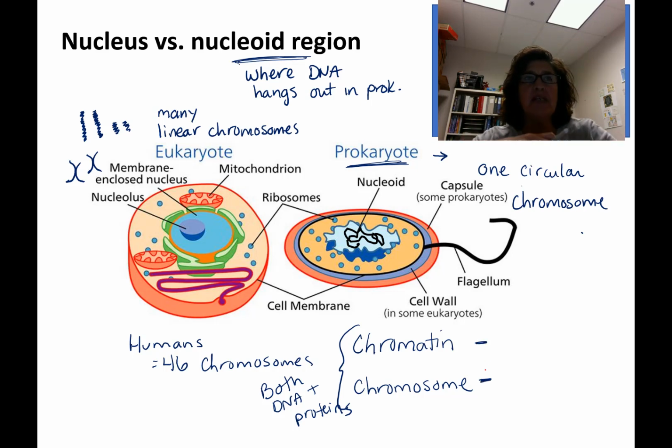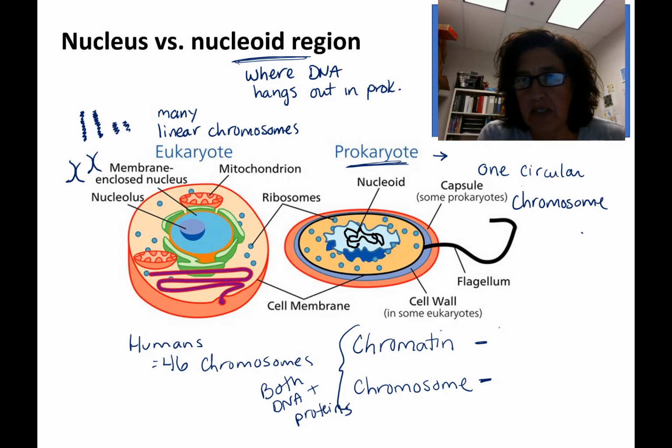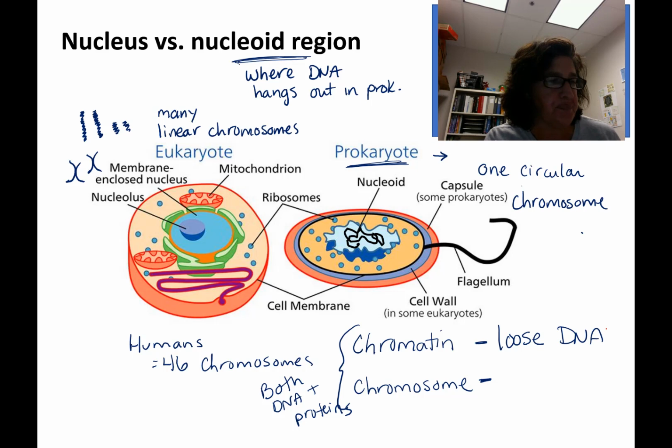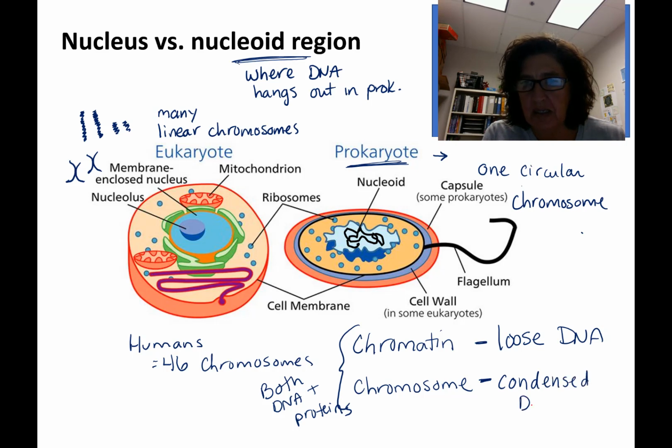Chromatin just means that the DNA and proteins that help organize it are kind of loose. So they're not like a chromosome, which is compact. So chromatin is loose DNA. Chromosomes are condensed. I should put DNA plus proteins because they're both DNA plus proteins.